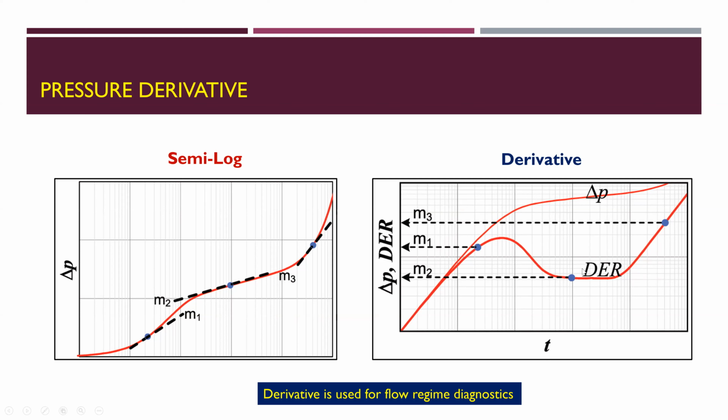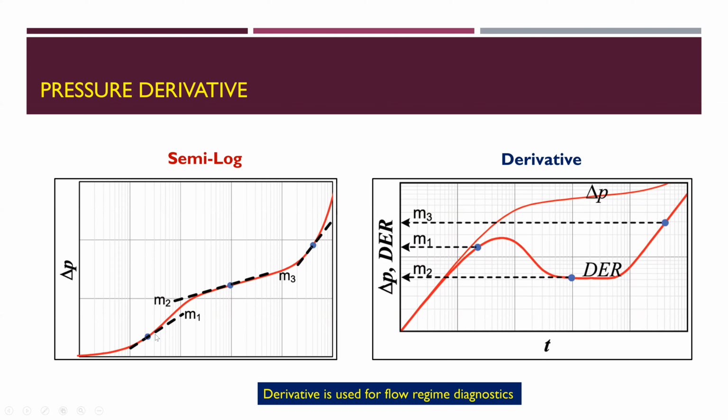So look at how this derivative looks, and look at how this pressure looks. We have a very obvious variation at early time, after that in the middle time, and in the late time. All these variations we cannot catch with delta P only. So together, it can give us a good analytical tool to interpret the real data we have.